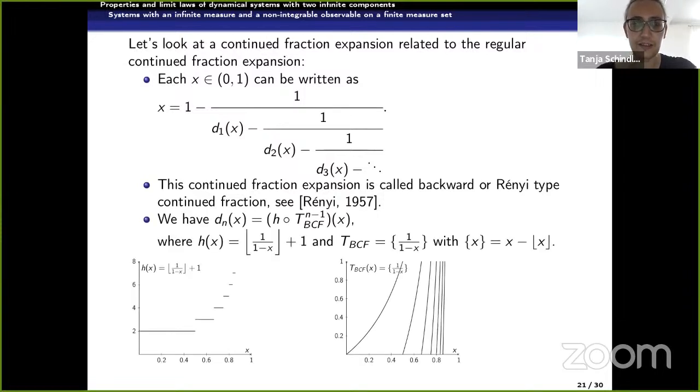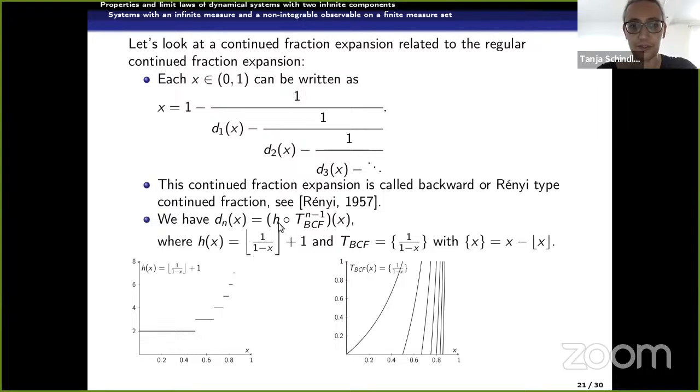And well, these entries, d_n, can be generated as in the classical continued fraction example with the transformation given here and an observable.